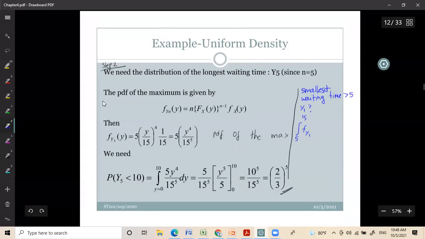After you find the PDF of y1, you do this. Okay, so you can end up with the probability that the smallest waiting time is greater than 5. Okay. So when you understand the method, it's nothing hard, right? You know the distribution of the minimum and the maximum. Okay, you can use it.